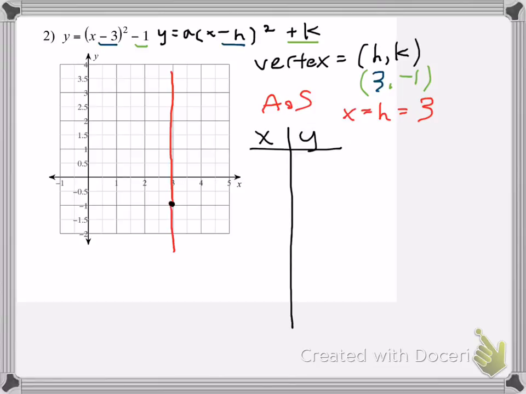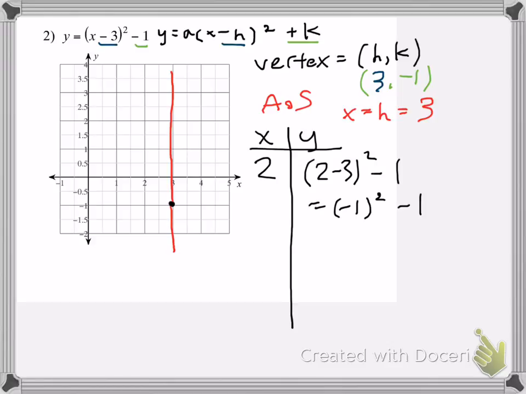Now let's do some points on the left side of the axis of symmetry this time. I could go to either side, it doesn't matter, you get to pick. Remember, when you're graphing, you choose the x points that you want to plug in, but then once you've chosen those x points, you need to calculate the y according to what you chose for x. So if I go 1 to the left, and I do x is 2, then y is going to be 2 minus 3 squared minus 1, which is going to be negative 1 squared minus 1.